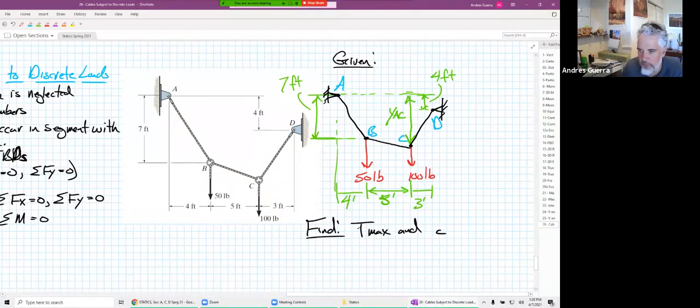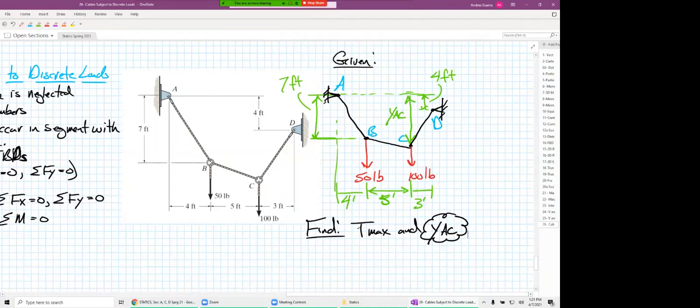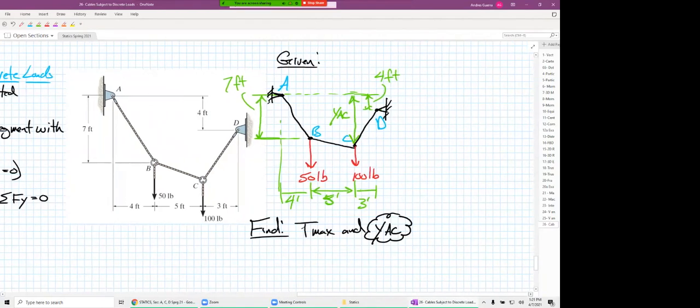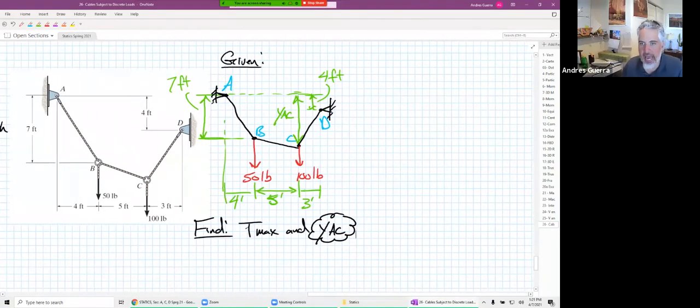So down here in the find section, I'm going to change that to Y from A to C. So they're asking us to find Tmax and that distance from A to C, which would be called the sag in the cable at that specific location.